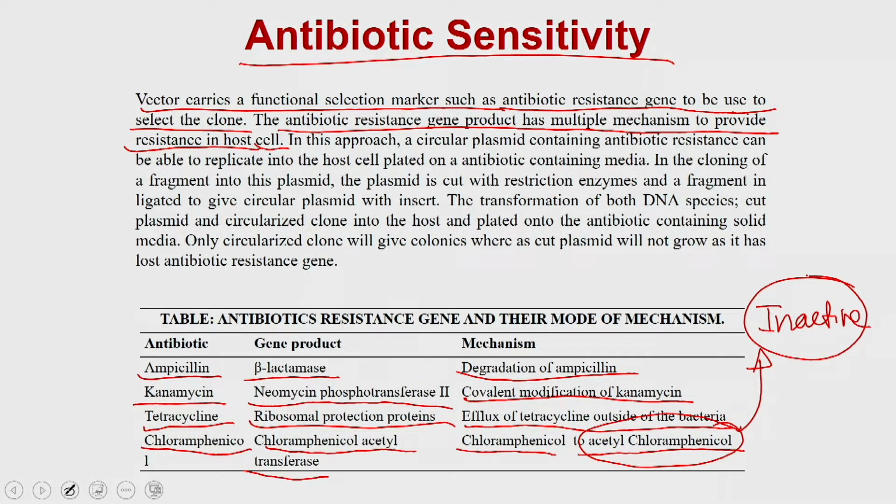So in this particular approach, a circular plasmid containing an antibiotic resistance gene can replicate in the host cells plated onto antibiotic-containing media. Suppose you have the ampicillin resistance gene on the plasmid, you can plate these cells onto ampicillin-containing media.